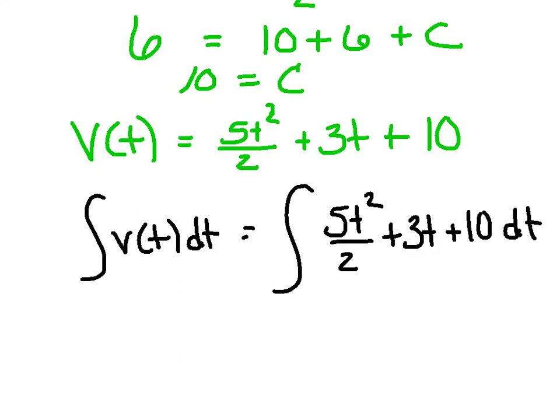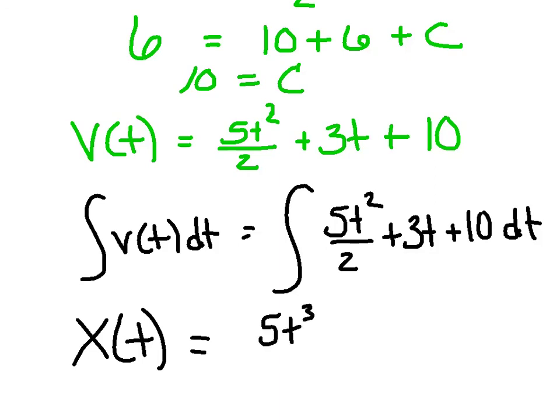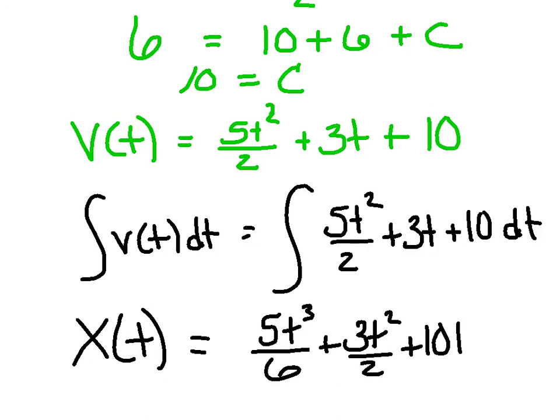And again, watch your notation with those dt's. The integral of velocity on my left side here, of course, is position. So I finally have my x of t. Just carefully take your time here. That's 5t cubed over 3 times 2 is 6, plus 3t squared over 2, plus 10t plus c.